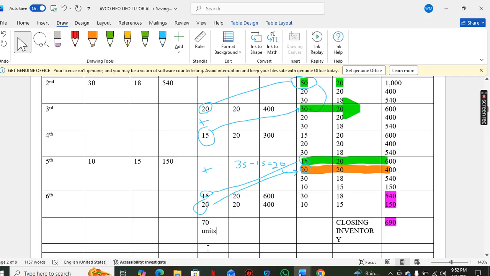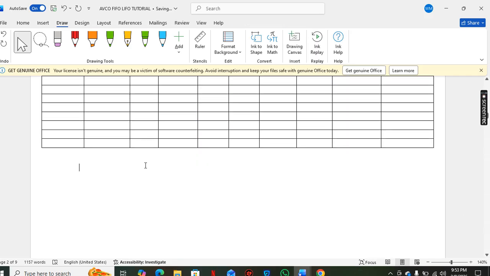Units sold. So sales revenue: 70 units times 40 kwacha per unit, that is 2,800 kwacha.